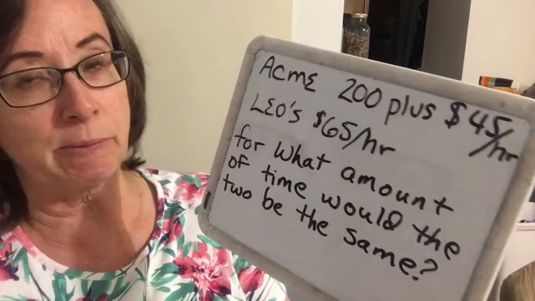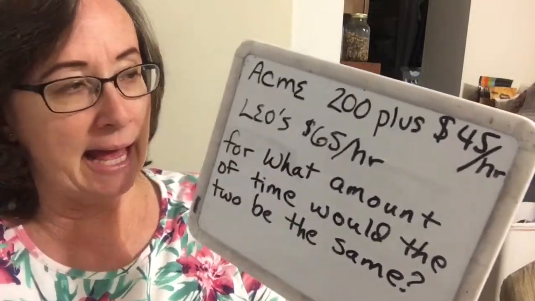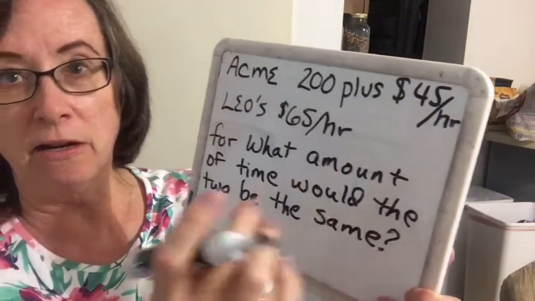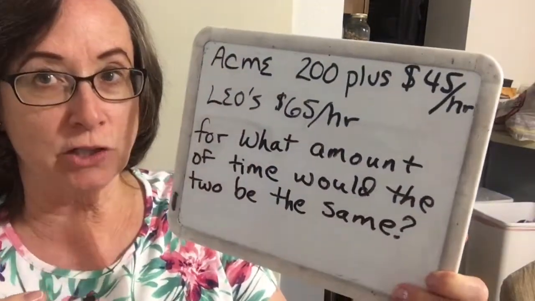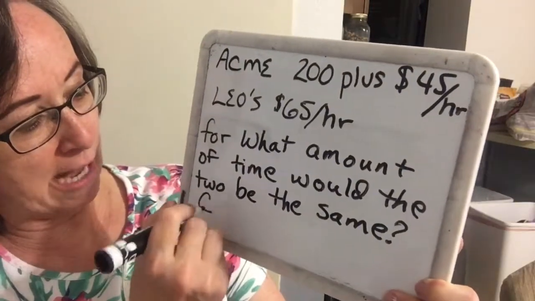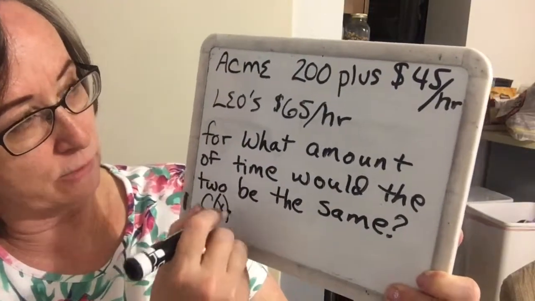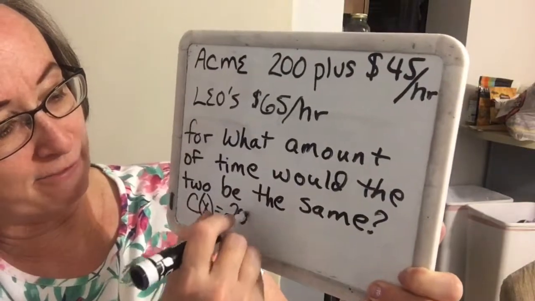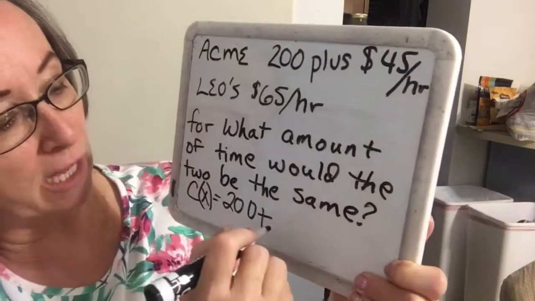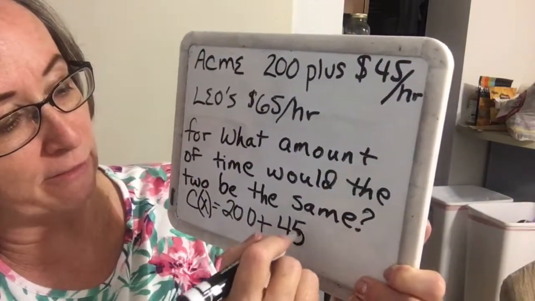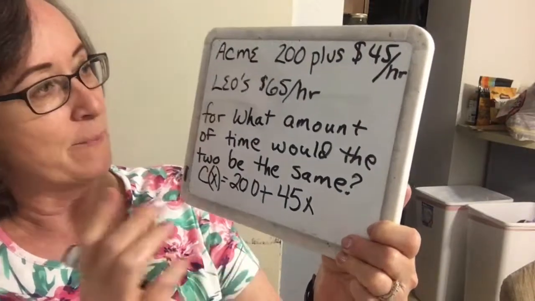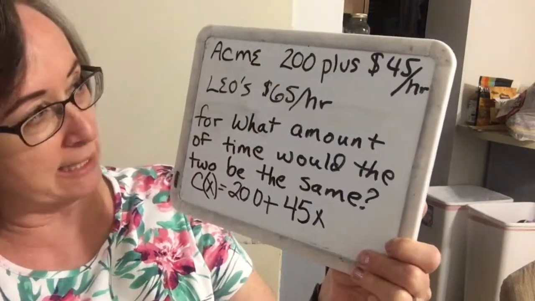So what we would do is express each one as a cost equation. The cost for getting Acme movers to move you is going to be a $200 flat fee plus $45 per hour. So we'll say 45x, letting x be the number of hours that we are actually in the moving process.